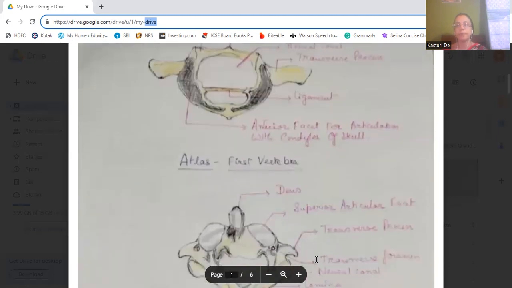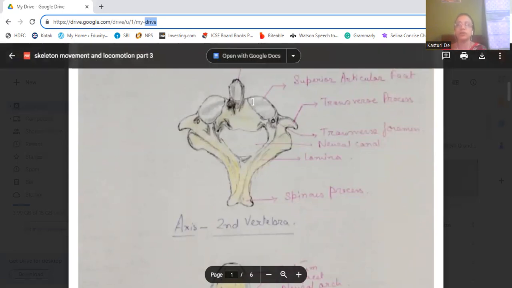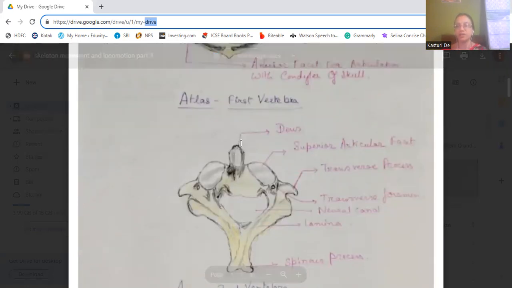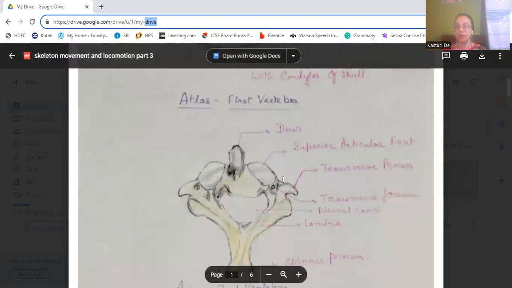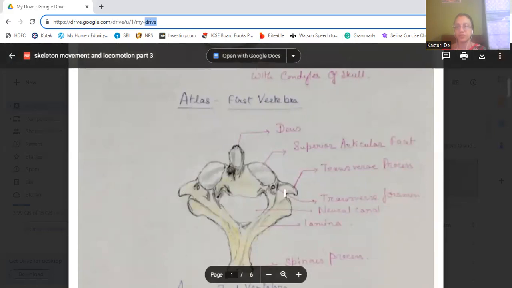Then this is the picture of the second vertebra that is known as axis. This upper part is the dens. These are the superior articular facets. These are the two transverse processes, on both sides.